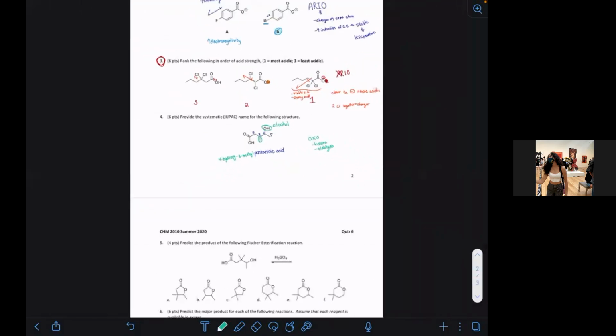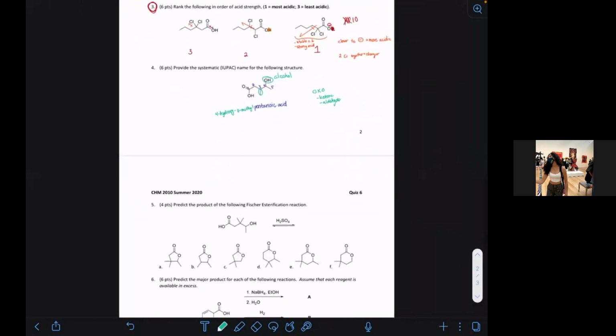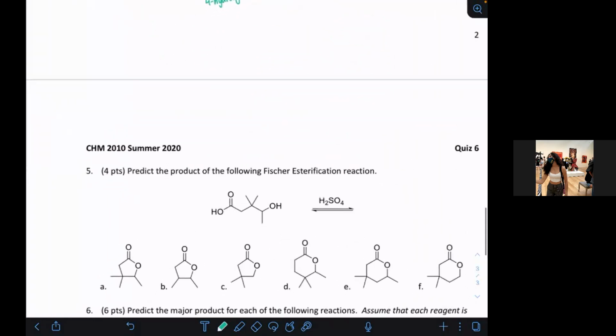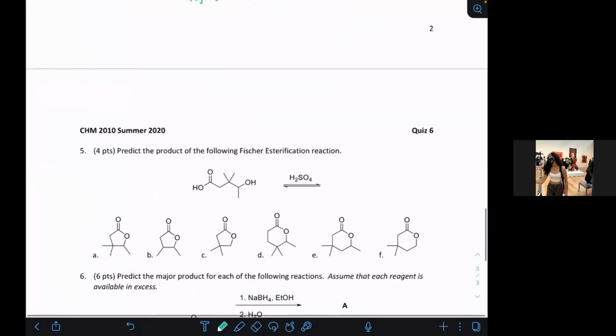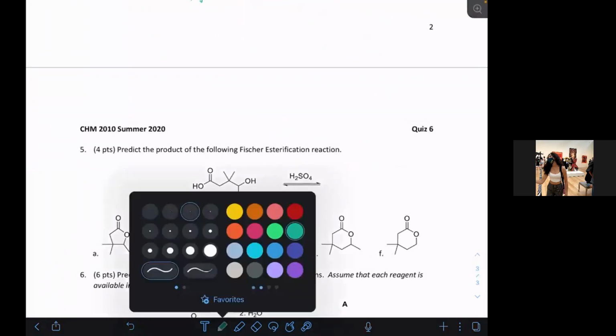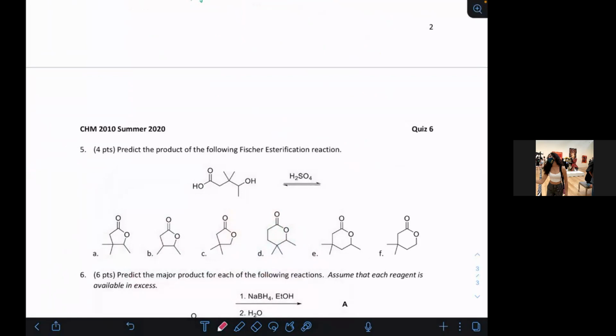That's 4. Then we could do 5. So predict the following, predict the product of the esterification reaction.